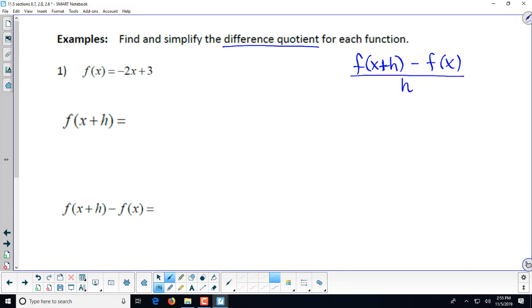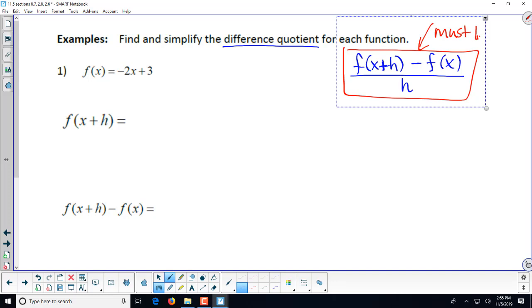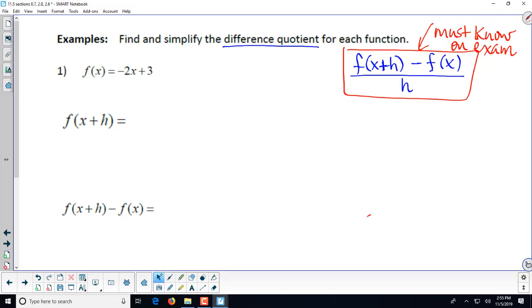You will have to know the difference quotient on this exam. So write it down.